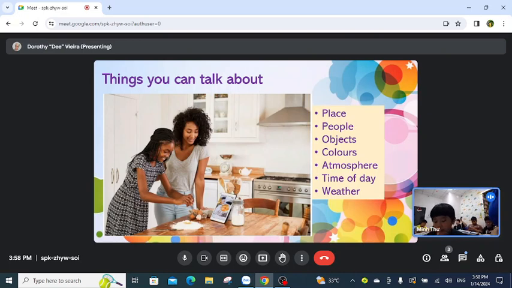There are a table and some chairs. On the top, I can see an extractor fan and a cooker. The color is silver and white.